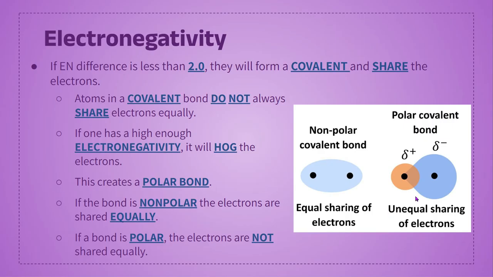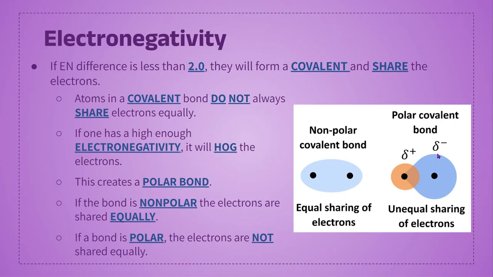So if we look at this picture, the larger blue portion is telling us that the electrons are going to spend more time around this atom than they are around the red atom. We use these signs: this sign means partially positive, and this means partially negative.